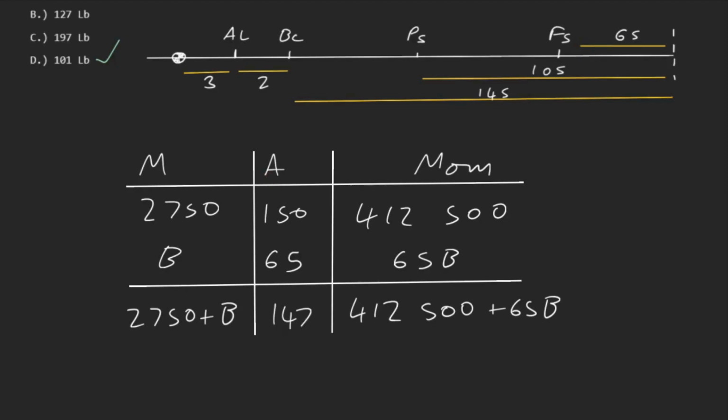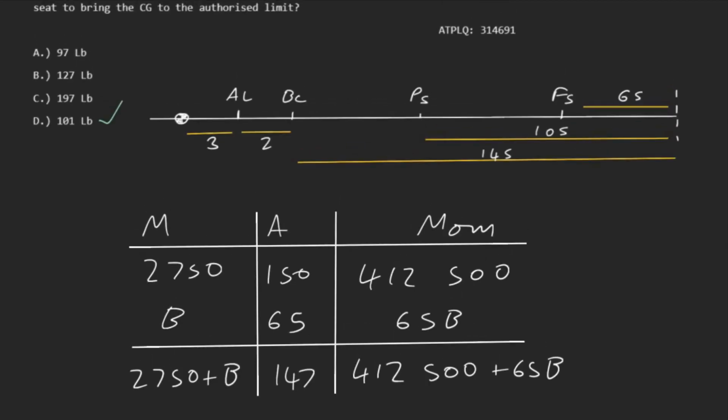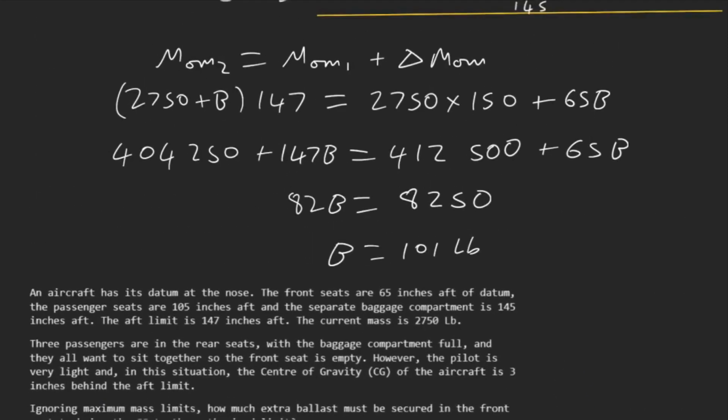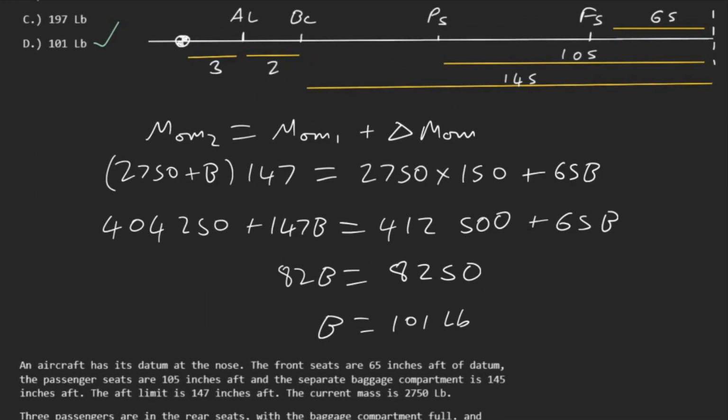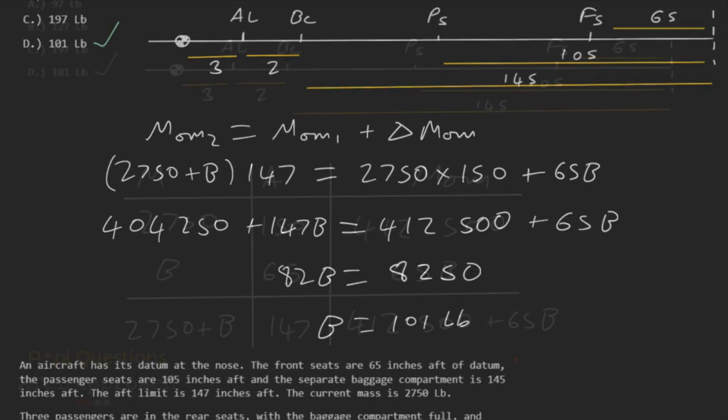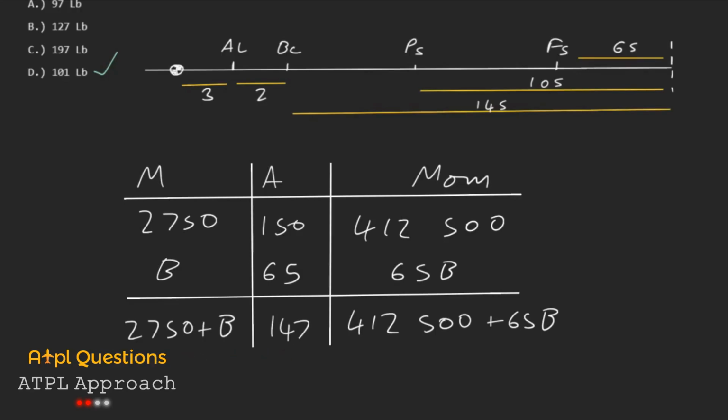So we can set an equation, which is where this is equal to this multiplied by this. And if I write that out, that actually gives me the same thing I had back over here. So when you put that equal to that and you go ahead and find B, it will give you the same answer, which is 101 pounds up there.